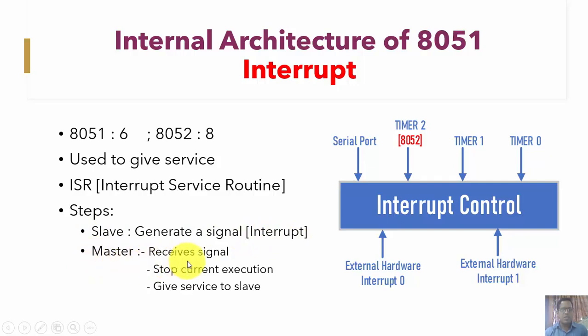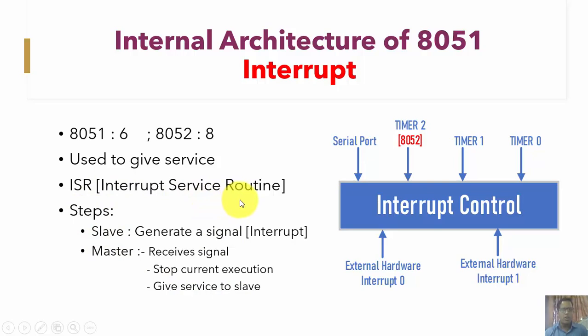Once the master receives this interrupt signal, it completes its current execution and stops, and then whatever service is required, that means the code which is required to be executed, is executed by the master, and this specific routine is called the interrupt service routine.